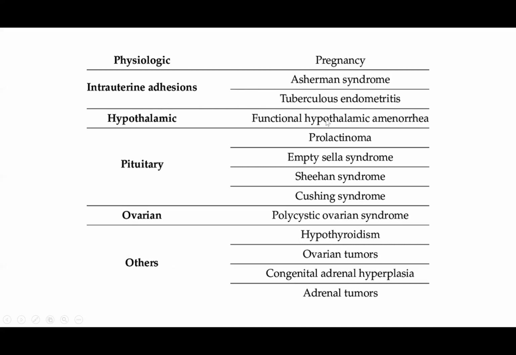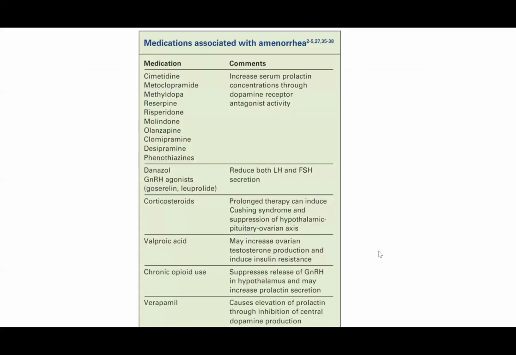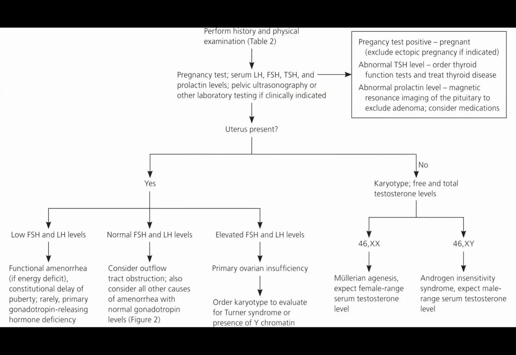We'll think of hypothalamic causes, tumors or functional hypothalamic amenorrhea, pituitary causes, ovarian causes from polycystic ovary syndrome, ovarian tumors, premature ovarian insufficiency, and hypothyroidism, and others such as congenital adrenal hyperplasia and adrenal tumors. Here is a list of the medications that can be involved or associated with amenorrhea. You can have a quick look at them. And the diagnostic workup.